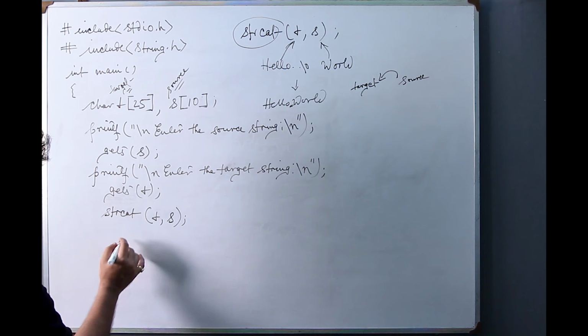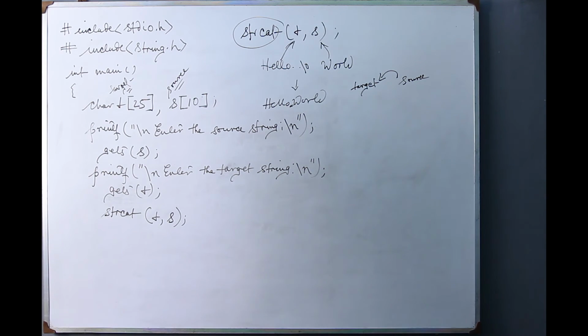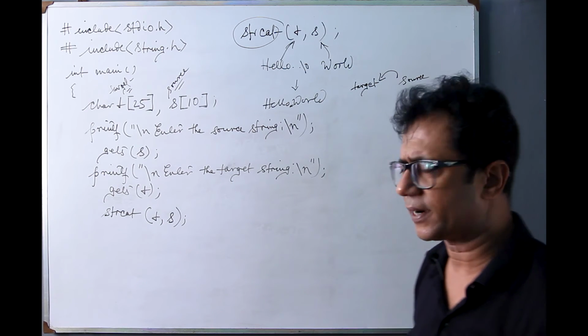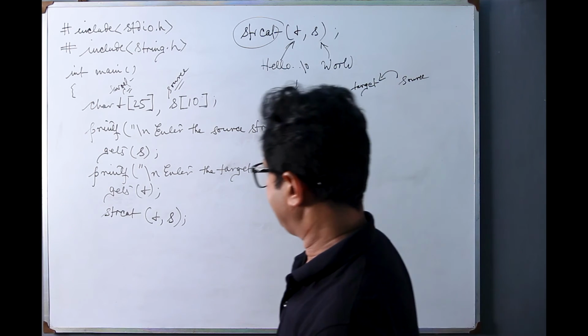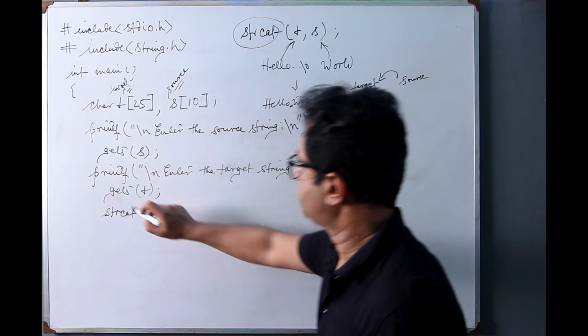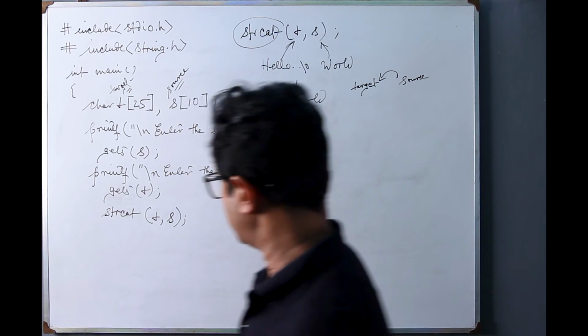Now we will just get the string printed like this. We can print it by %s, that is the format specifier of a string data type, or we can also use the puts function, that is the opposite function to gets. So we can use either of them.